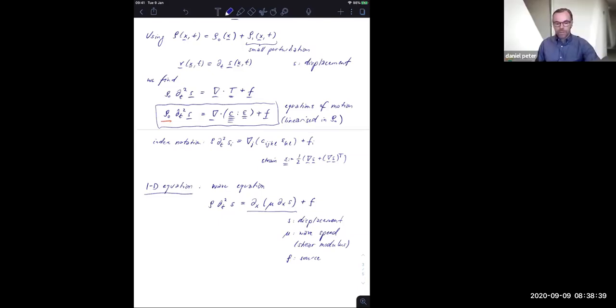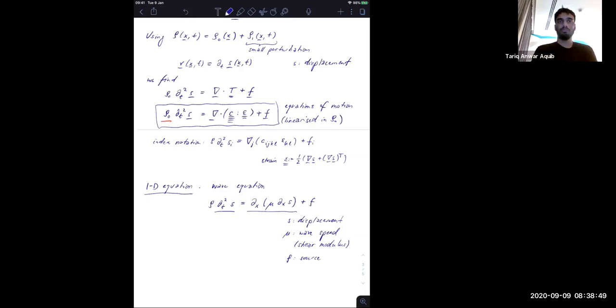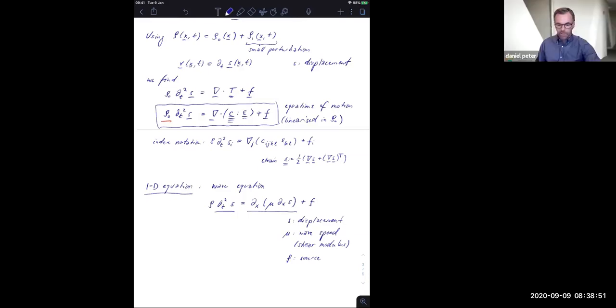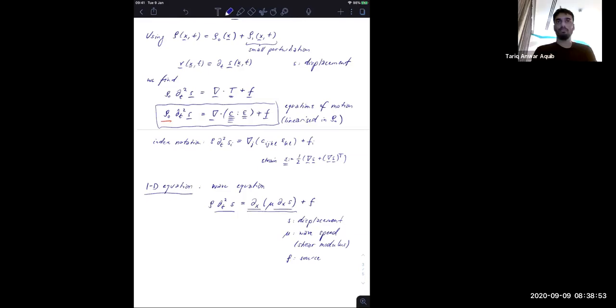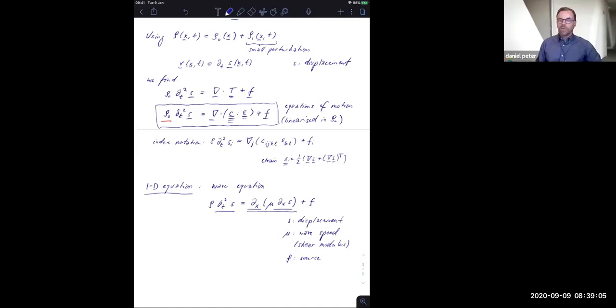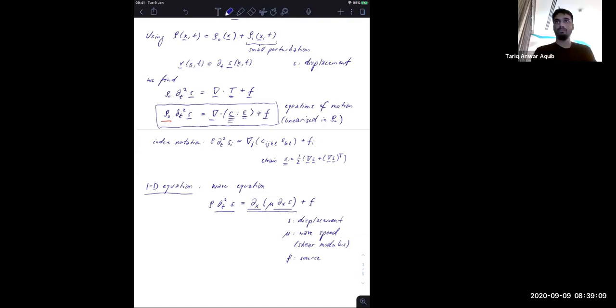So when we solve the wave equation, what we have to think about is how we approximate these derivatives, the second order time derivative and this first order derivative with respect to space. These derivatives we will now approximate by a numerical scheme using finite differences.